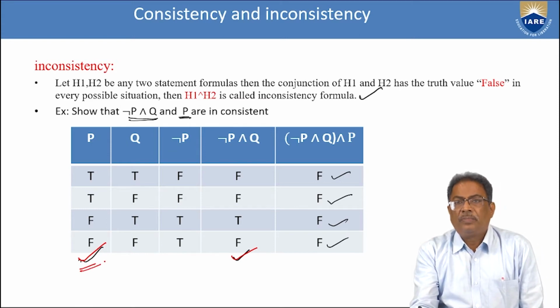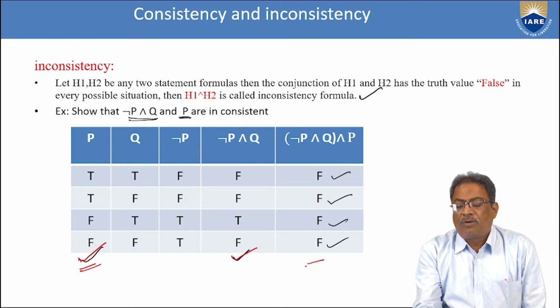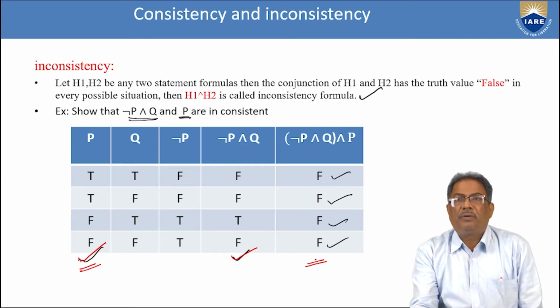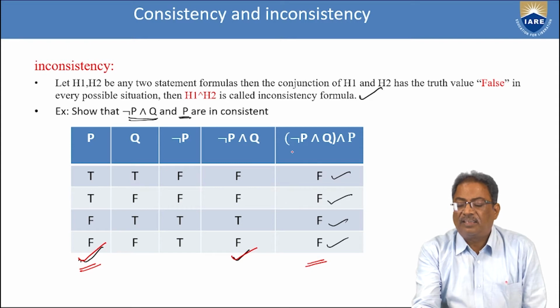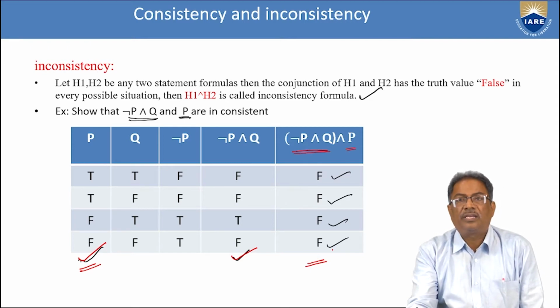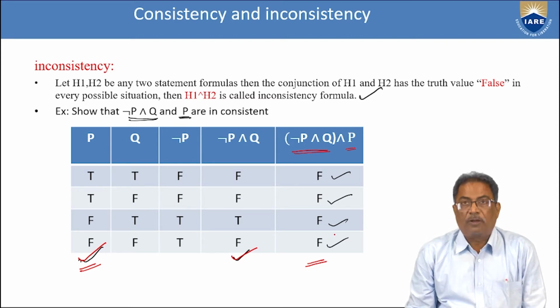We simplify the possible combinations of H1 and H2. All we are getting is false. So we can say that H1 and H2 are inconsistent formulas.